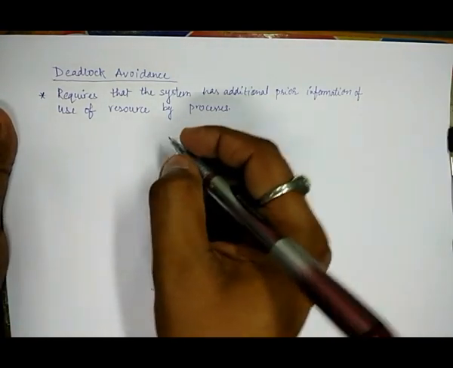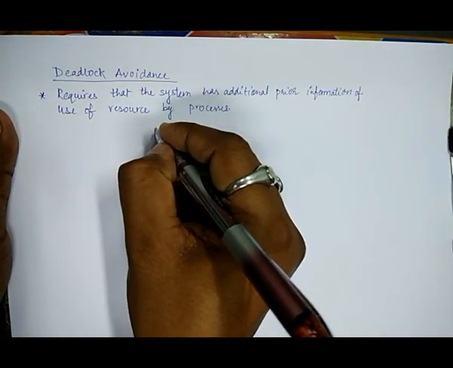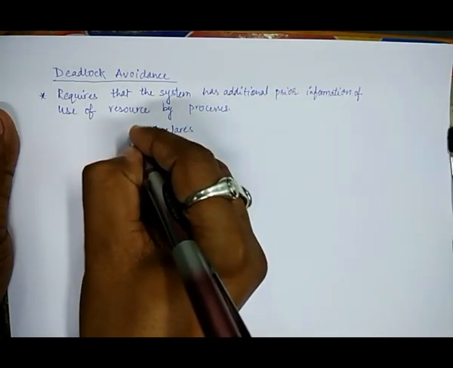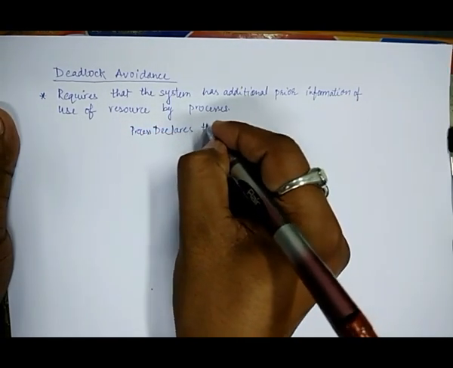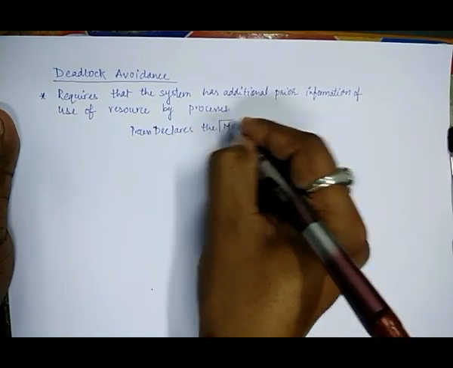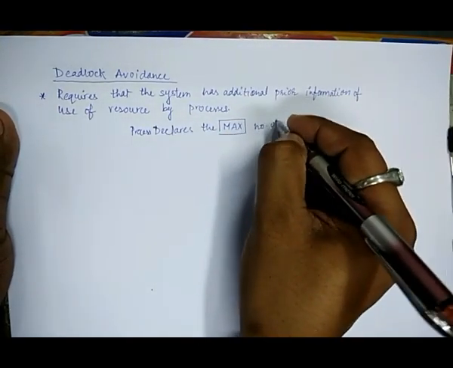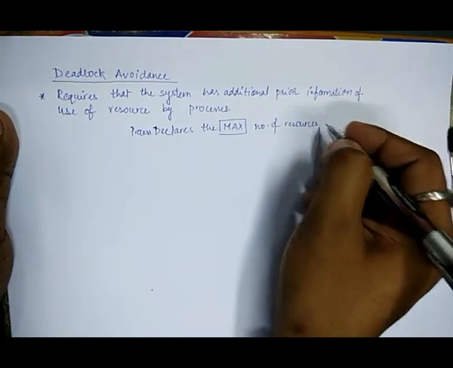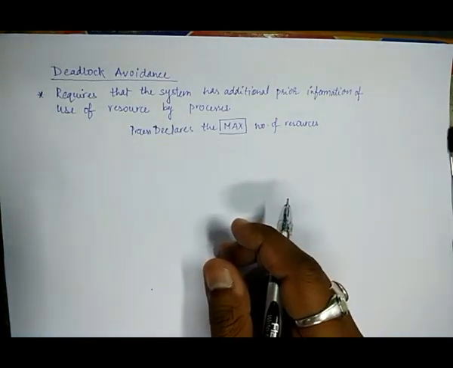The simplest model says that each process declares the max number of resource types or resources it may need in future.